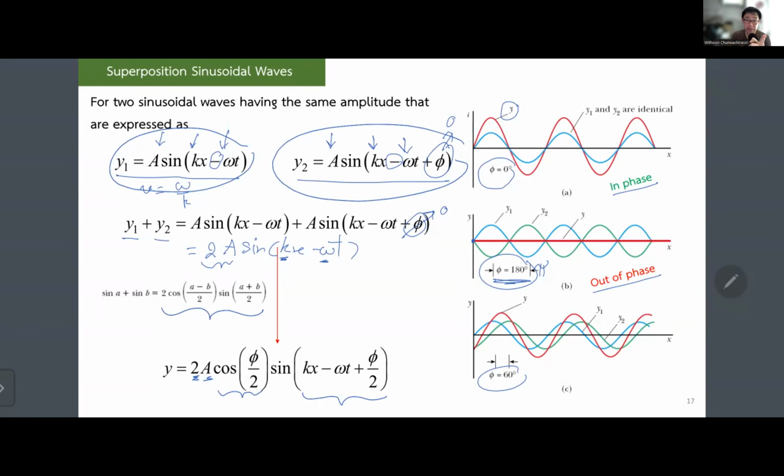The answer is, have you used noise cancelling headphones before? Yeah, that's it, guys. You need exactly an out of phase combination. The reason the noise cancelling headphone works is that it has a microphone built in.